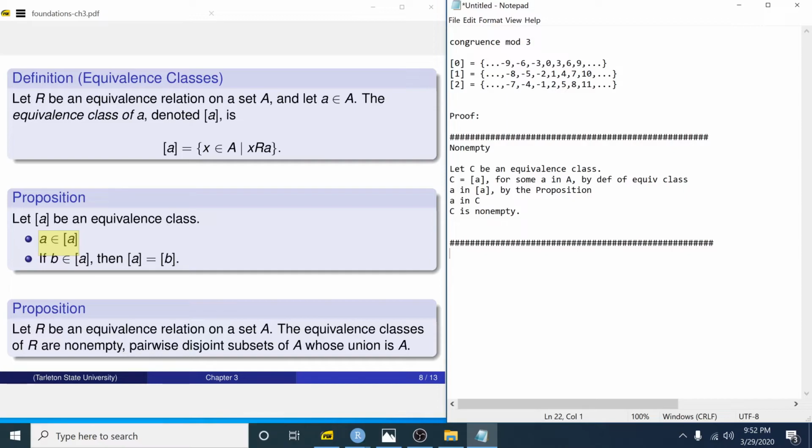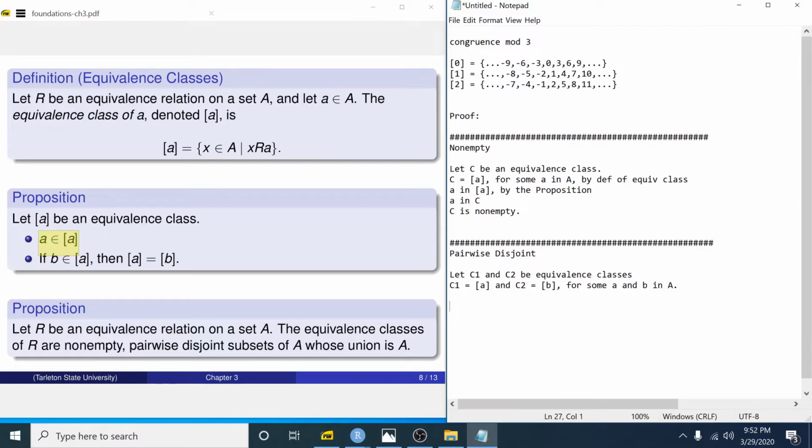So let's actually write all this out. Let's show pairwise disjoint here. Let C1 and C2 be equivalence classes. Now we know that C1 has got to be equal to bracket A, and C2 has got to be equal to bracket B for some A and B. That's just something to keep in mind.